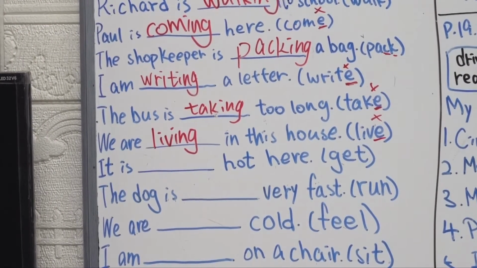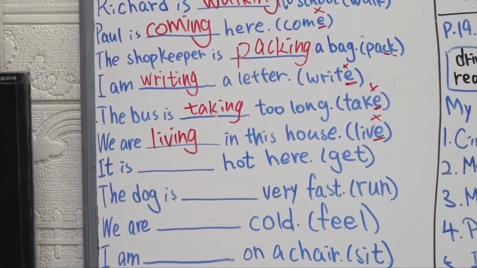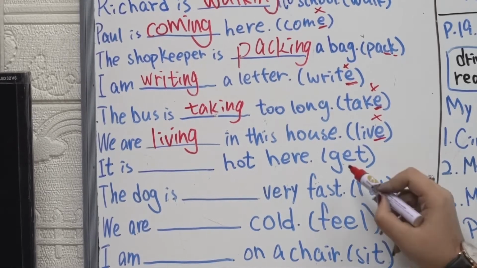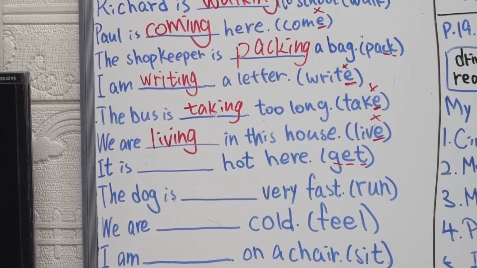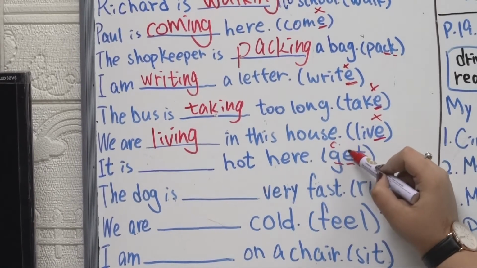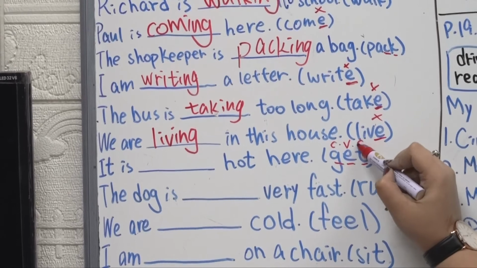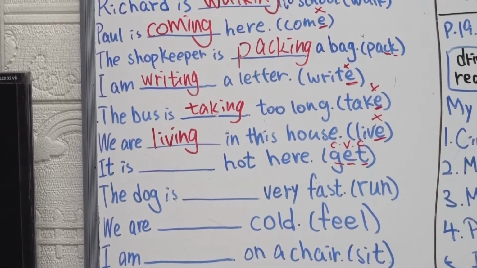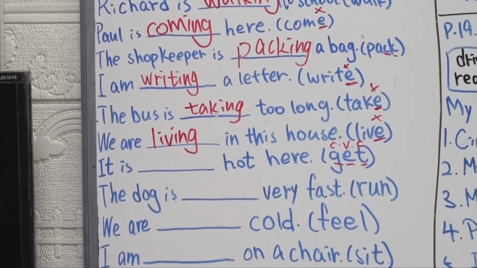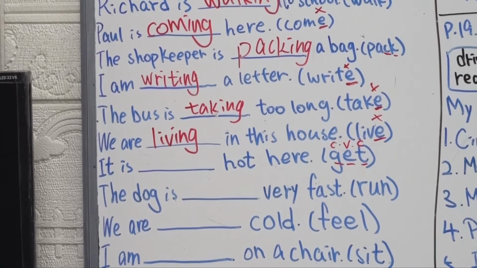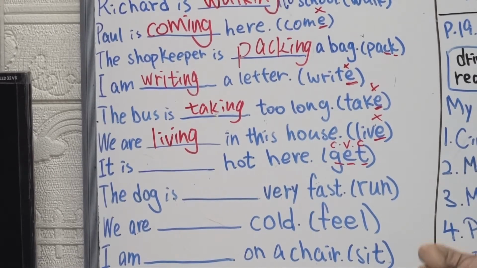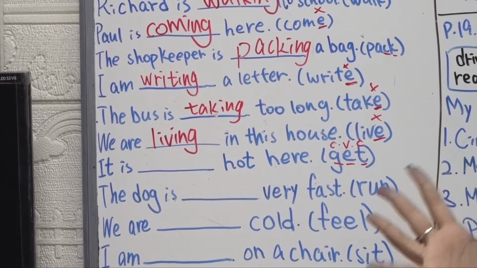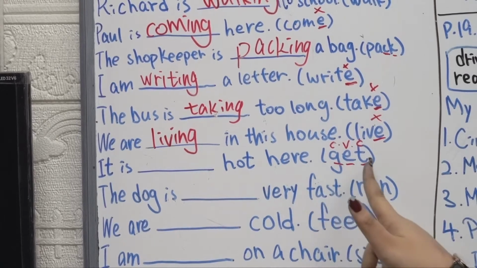Next one. It is what here? Hot. The verb here is get. Let me tell you something. Is there anything special? Three-letter words with CVC. Remember what CVC is? Consonant, vowel, consonant. Do you know what vowel sounds we have? We have A, E, I, O, U. It's in the middle, and the others are consonants.